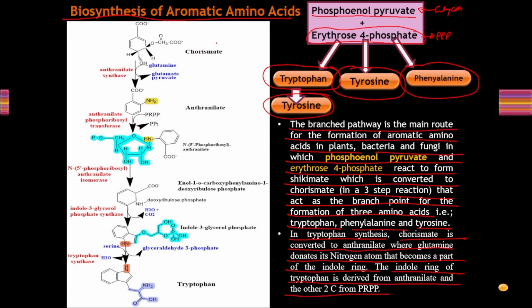So in the first step, you have the synthesis of the chorismate by the interaction of the phosphoenol pyruvate and erythrose 4-phosphate, which forms the shikimate, and then shikimate is converted into the chorismate. Once the chorismate is formed, it gets the amino group from the glutamine, which is converted into glutamate, and the enzyme that catalyzes this reaction is called anthranilate synthase, and as a result it forms the anthranilate, right?